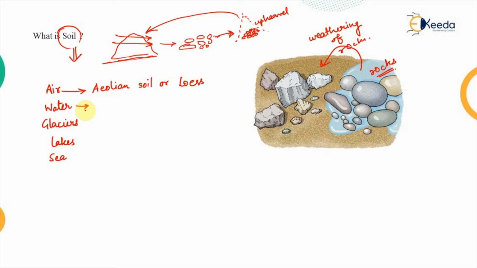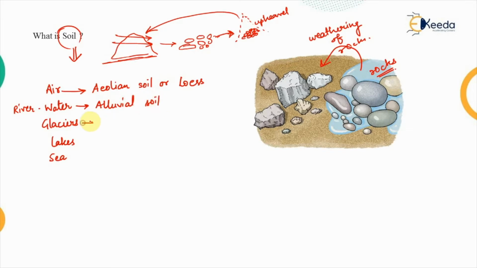When we are talking about the water, we are specifically talking about the river water. The soil formed because of the deposition of such river water is classified as the alluvial soil.